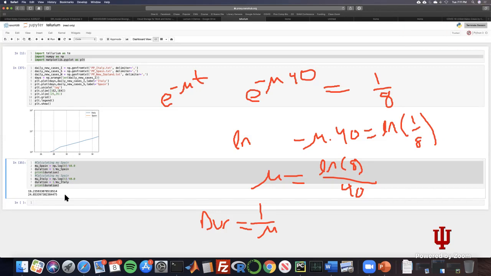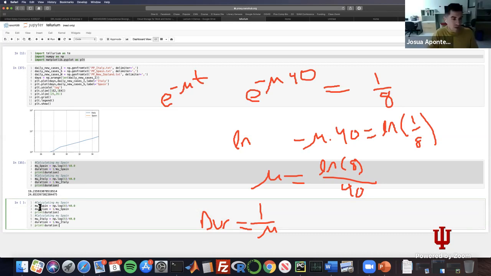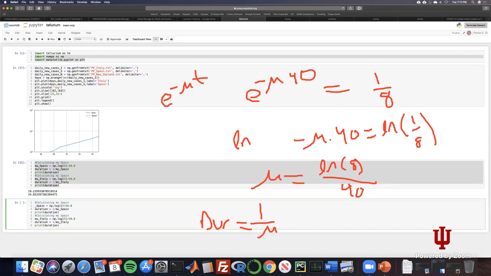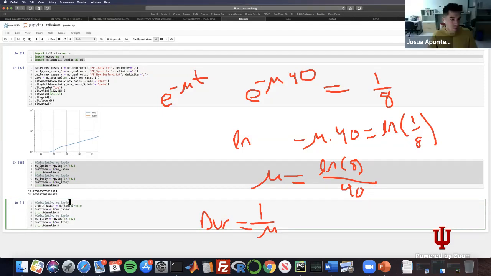Okay, so 8 days. So we have to copy the code that we just wrote, except change the times. So this is not going to be mu now. No, this is now growth. Let's just call it growth. And this is Italy. And then this is about 8 over 8 days.